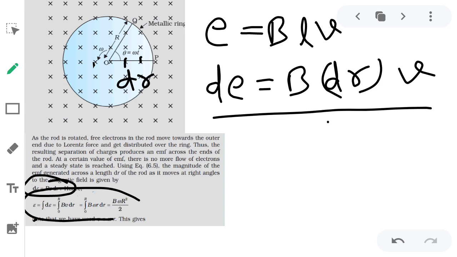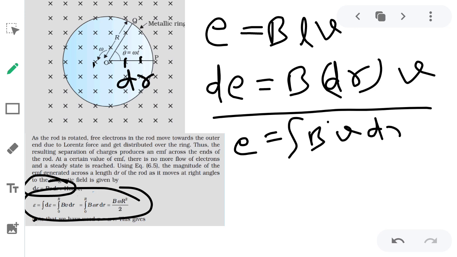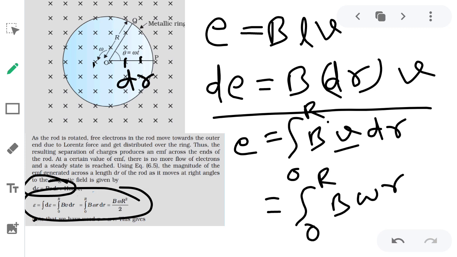On integrating this, we'll get B v dr. And what are the limits for this? That is 0 from the center to the radius or the length of the conductor, that is capital R. Now v is given as omega R. So we'll get the integration from 0 to R of B omega R dr. B omega is constant, that will be outside the integration. Integration of R is R square by 2, and if you put the limits, we'll get the final answer as B R square by 2.